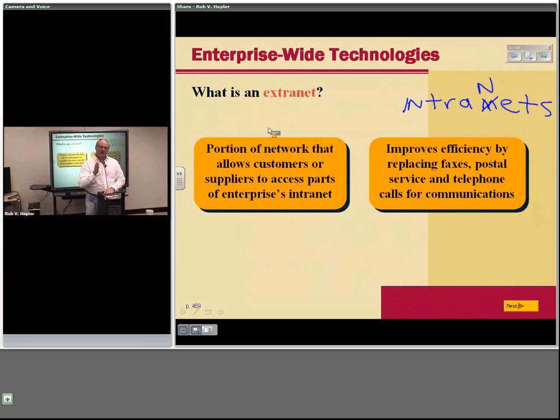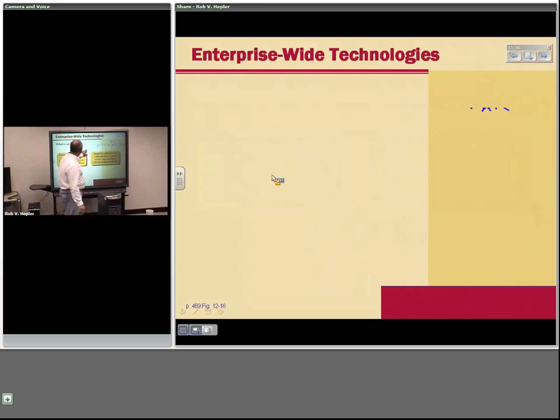So these are like holes you punch through the firewalls, through the security to allow people to see a window of your data. That's an extranet. It's external, but it accesses internal systems. So it's called an extranet. An intranet, as we'll find out later, is when you use internet technology, but there's a wall around it. Only people inside your company can use it, but you're using the same technology you used before.